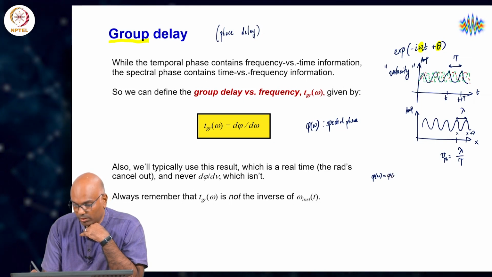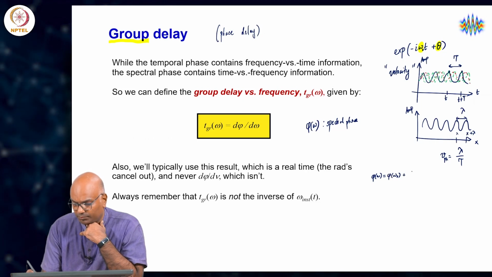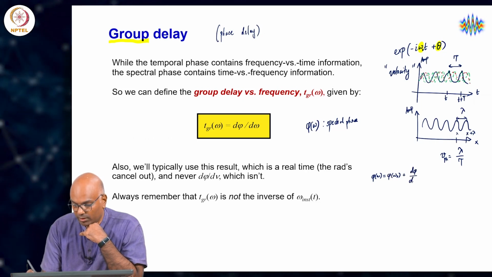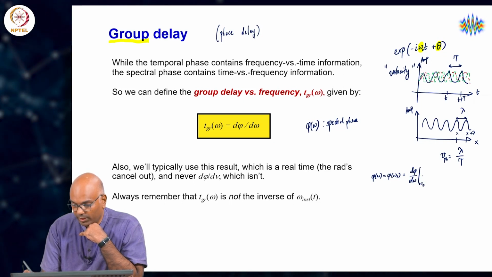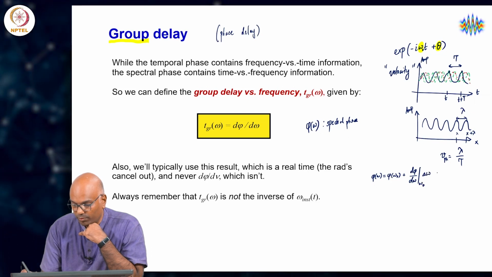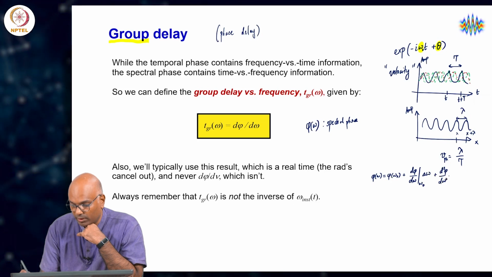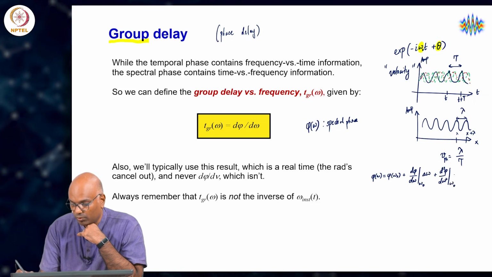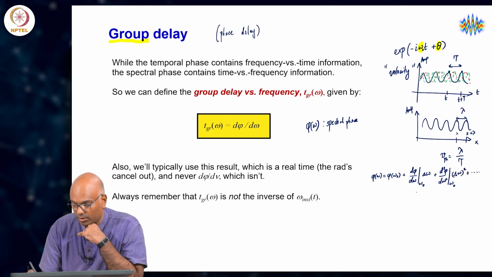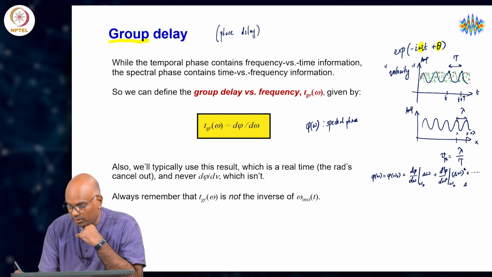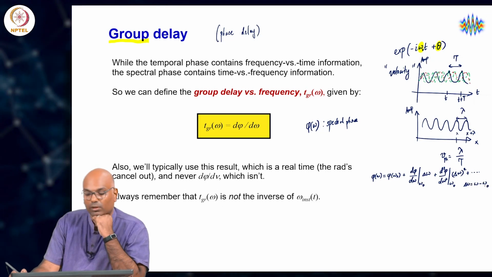So, this is phi of omega at some omega naught plus d phi by d omega at omega naught multiplying delta omega plus d 2 phi by d omega 2 at omega naught multiplying delta omega square and so on, where delta omega is omega minus omega naught.